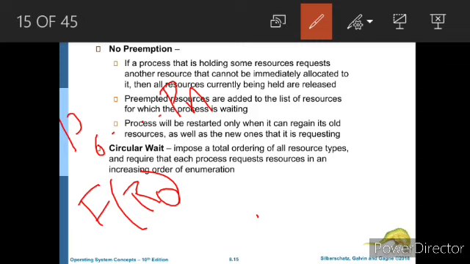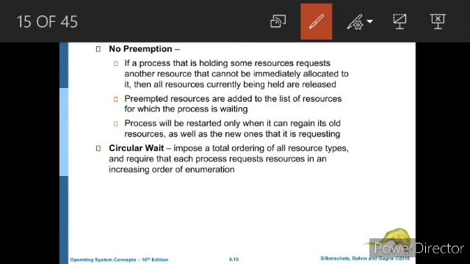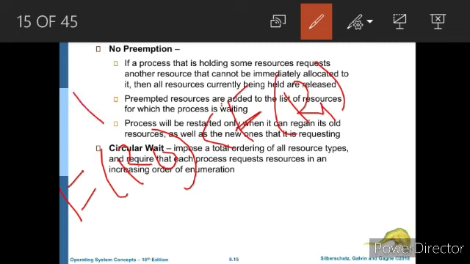P0 is waiting for the resource type R0, but it is holding resource type R1. I'll consider f of R0 less than f of R1. This is for process P0.